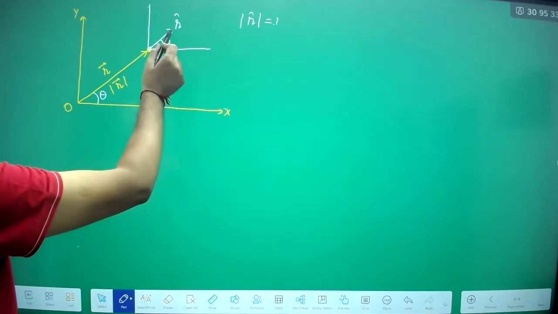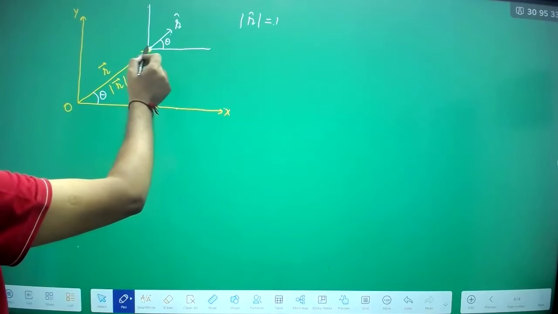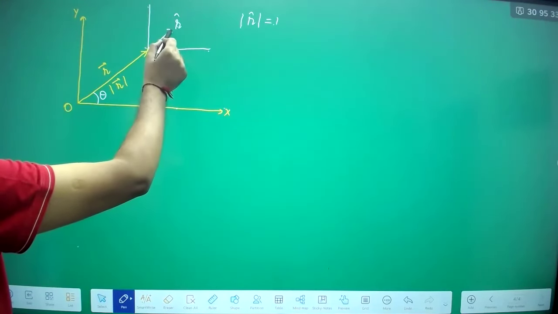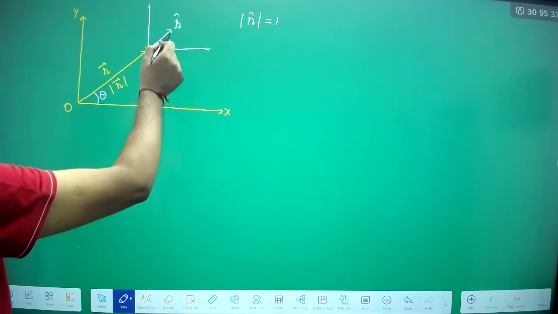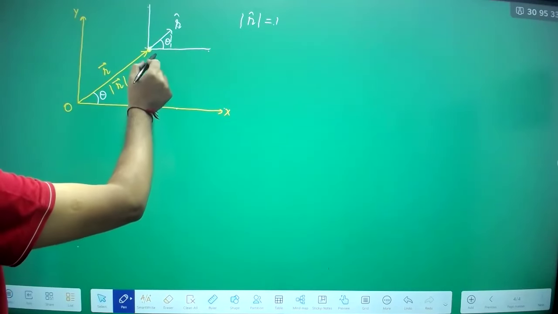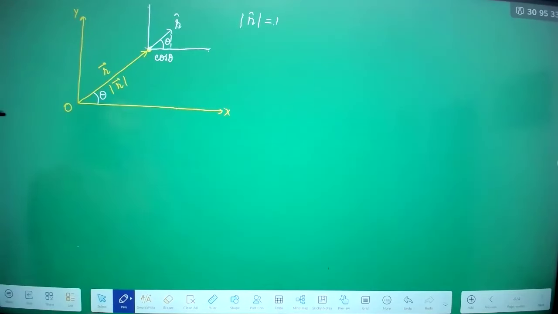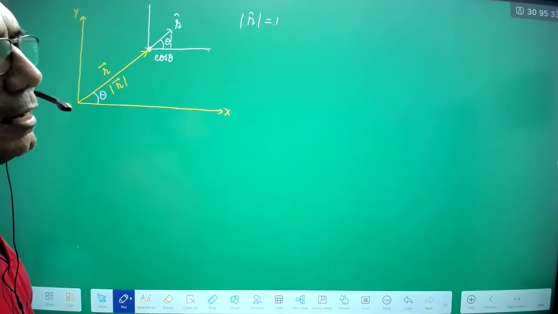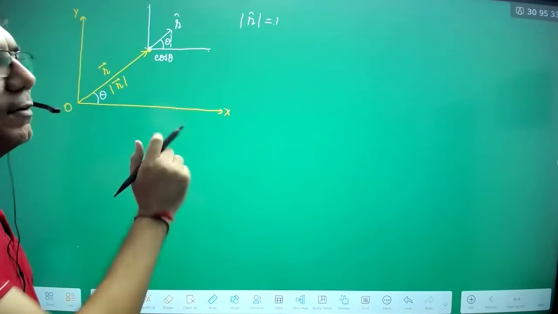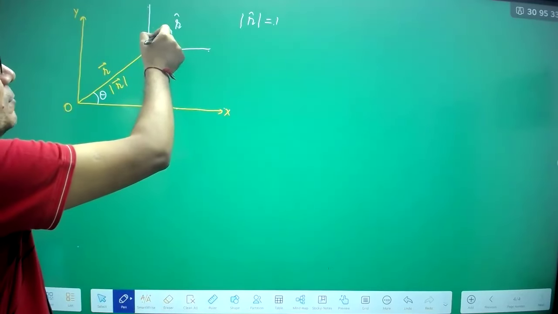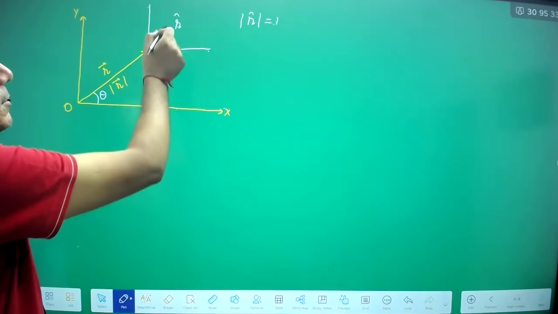So what will be the component of R cap parallel to the x-axis? This will be cos theta only. Because the component will be magnitude of R times cos theta, but the magnitude of R cap is 1, so its length is 1. So this will be 1 cos theta.